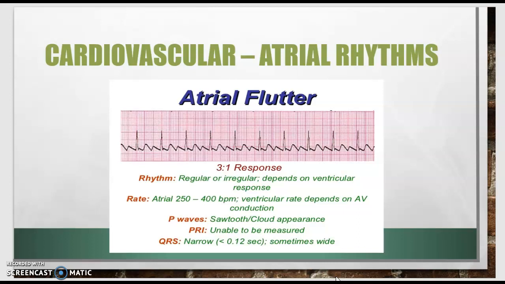And your PR interval cannot be measured because there's too many P waves. So there's not a well-defined PR interval. And then you also have the narrow QRS. So that is normal. So remember, when we are talking about atrial rhythms, we are talking about the P waves. So you want to be paying attention to that P wave.